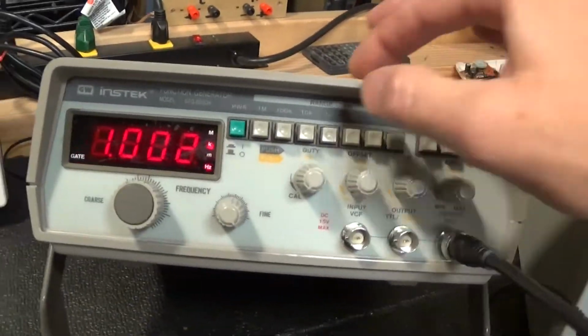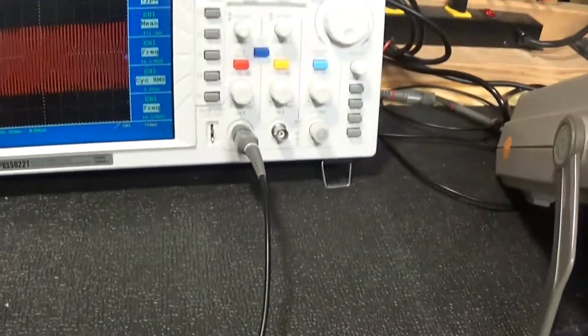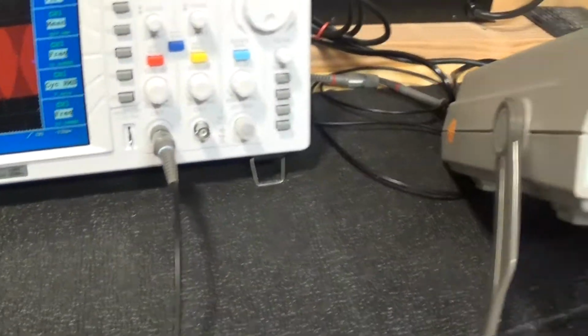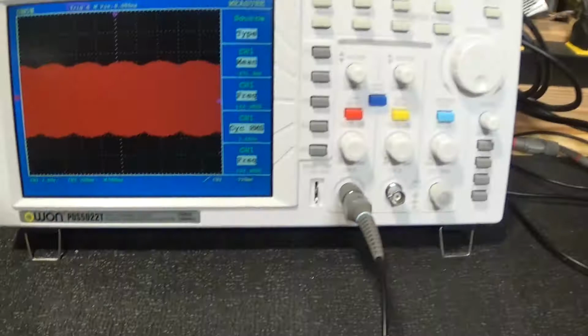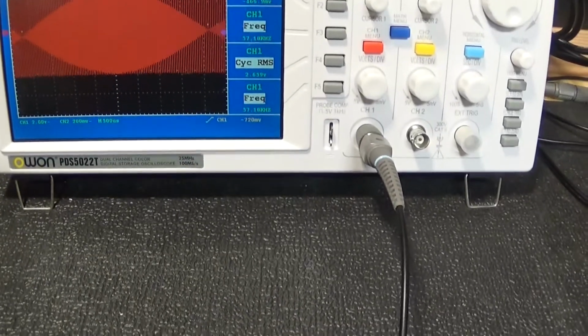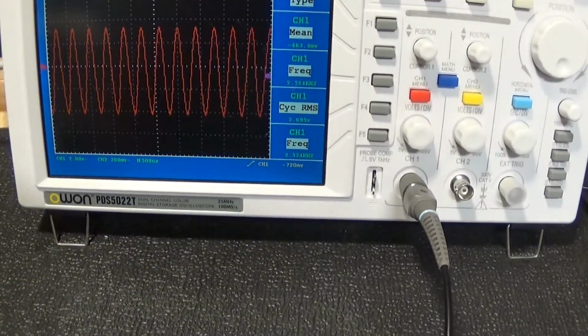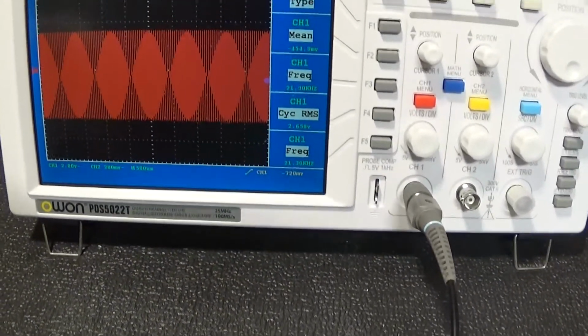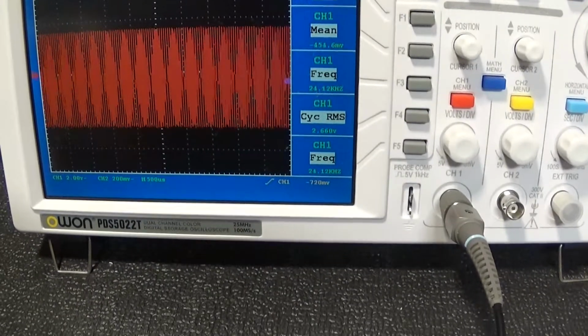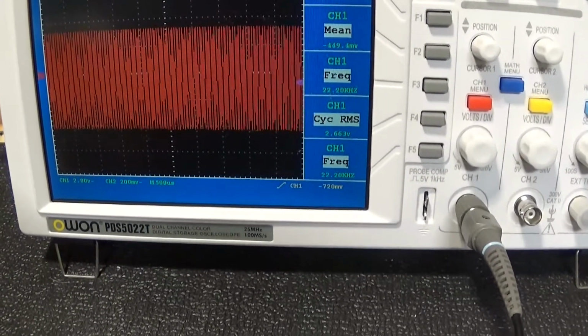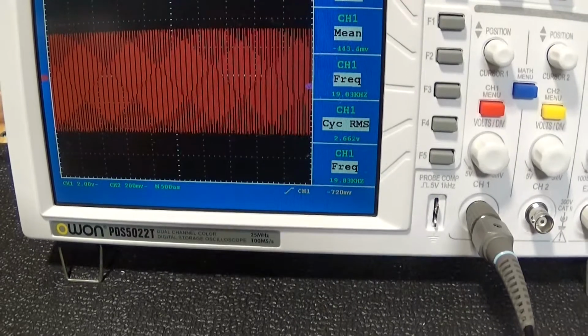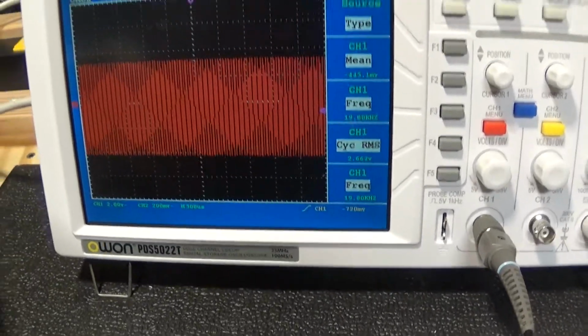Okay, let's try 20K. Hold on. Here we are. 23, 22, lower right. 19.8, close enough for me.